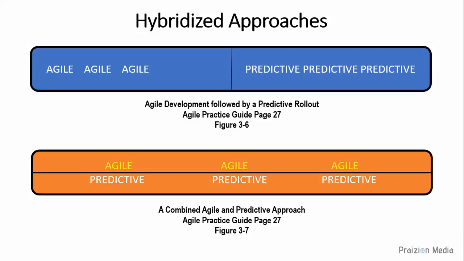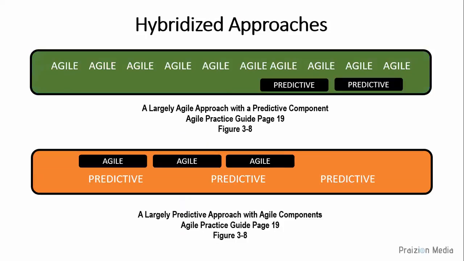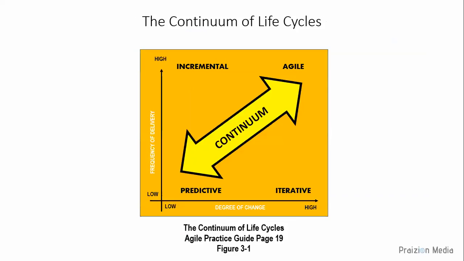In other words, you could have agile followed by predictive or agile and predictive simultaneously, or you could have agile with a small injection of predictive or predictive with a small injection of agile. And the ultimate idea is you find the perfect blend on a continuum. And on that continuum, you could be either more predictive or more agile, or entirely predictive or entirely agile. It really depends on the project.